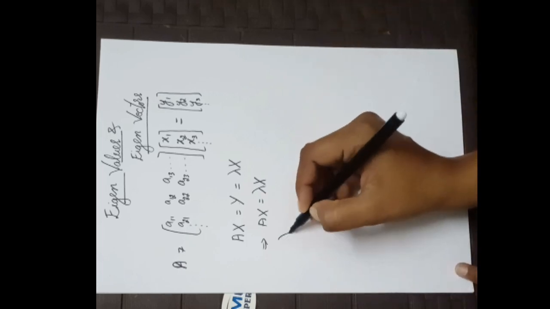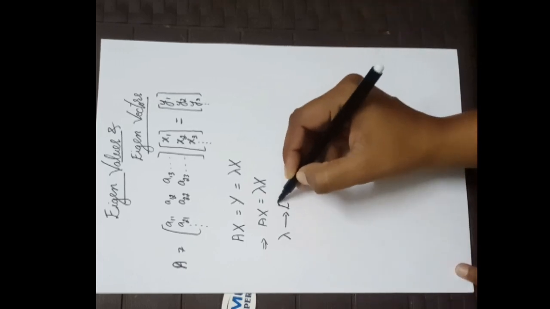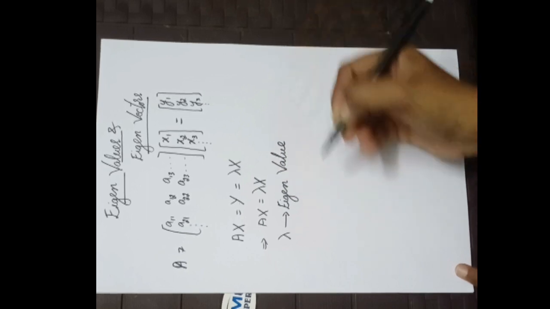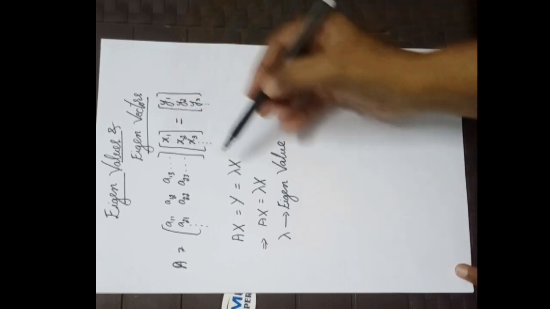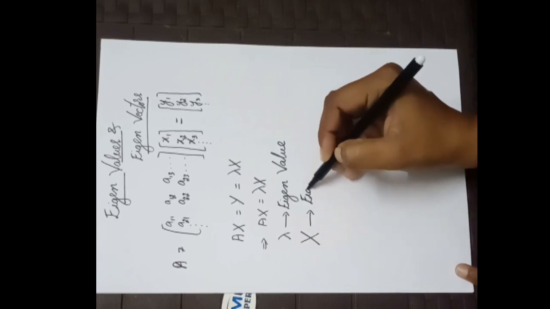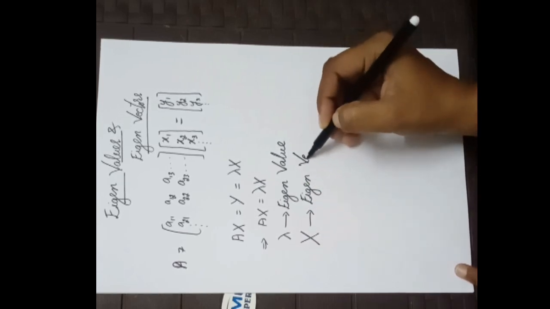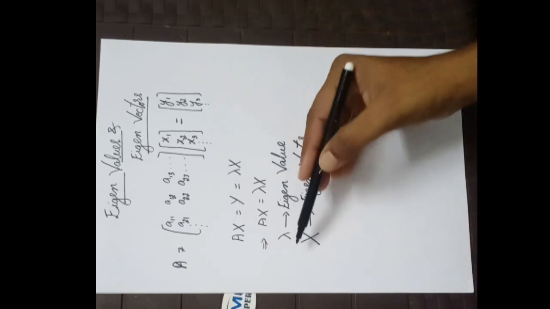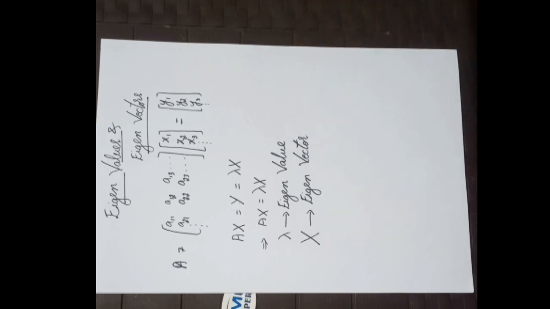Here this lambda is nothing but the eigenvalue. And the column vector that we are speaking of, that is X, we call the eigenvector. Yes, that's it, very simple. So we call lambda the eigenvalue and X the eigenvector.